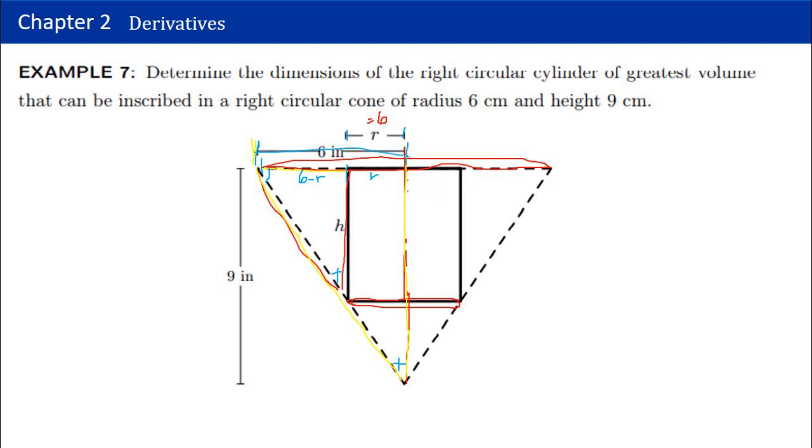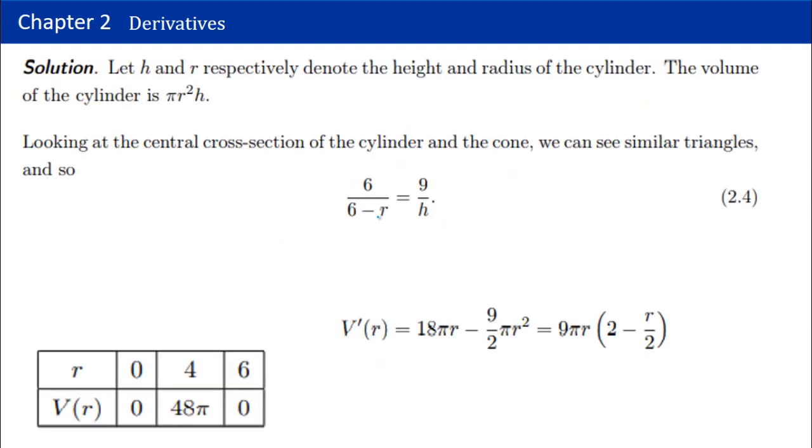The base 6 corresponds to 6 minus R. So 6 over 6 minus R equals 9 over the height, because this is the height of our cone and this is the height of the small triangle, h. So 6 over 6 minus r equals 9 over h.